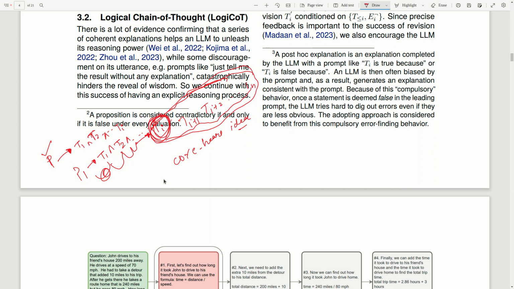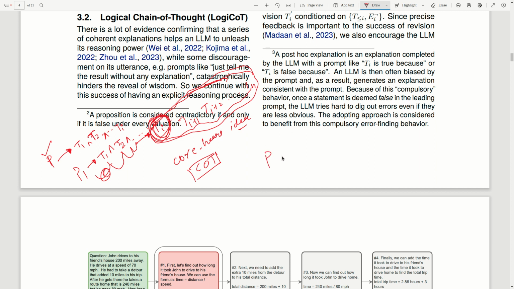Overall explanation for an entity which is kind of a black box. They use this post hoc explanation approach, which comes from chain of thought, to identify contradiction and compose a post hoc explanation for E of I of T of I.